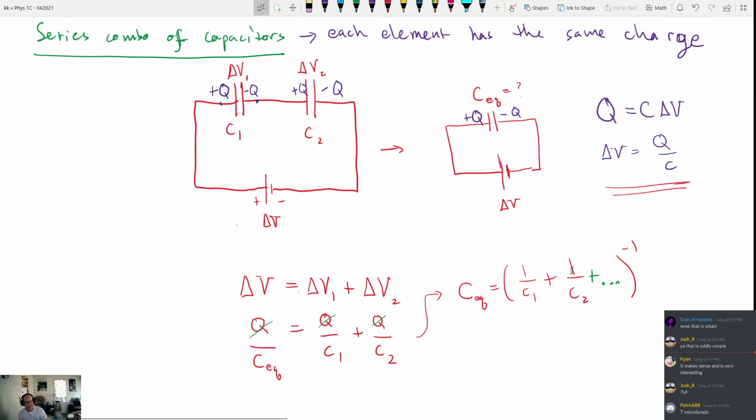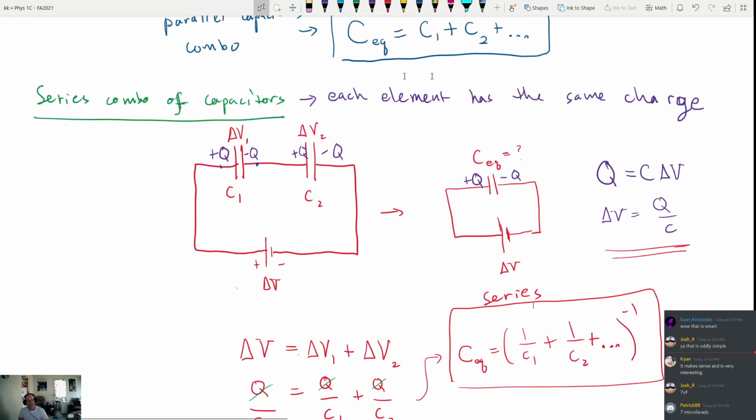And that's our equation for the equivalent capacitance of multiple things that are connected in series. So that's for series. And then we've got the one that's above here, which is for parallel. Parallel is easier because you just add the capacitors. Series, you have to do this.